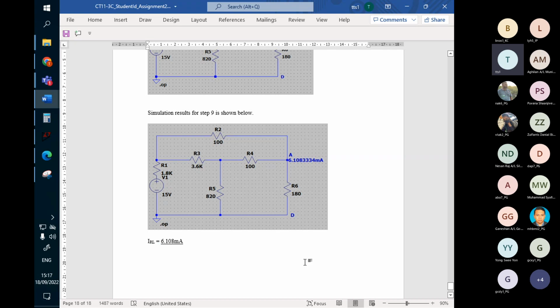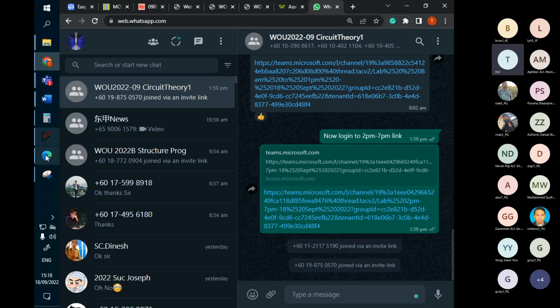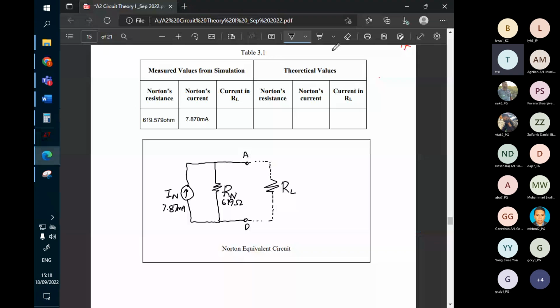Take away the extra space. 6.108, okay? Fill in the table here. Another figure. 6.108 milliampere.